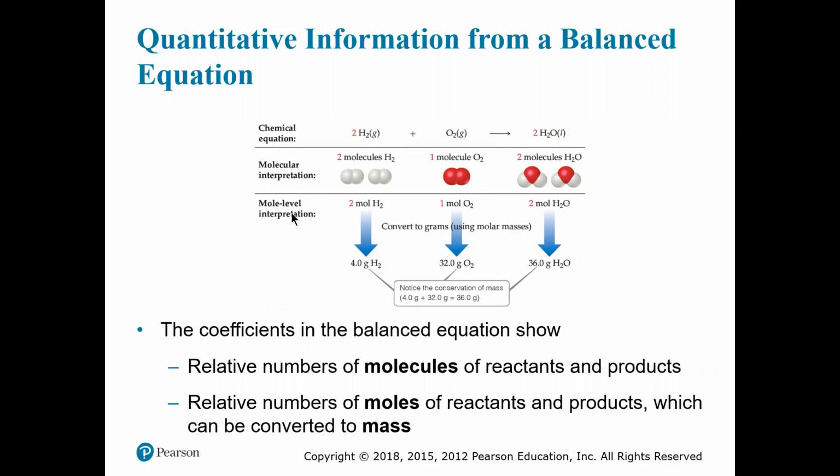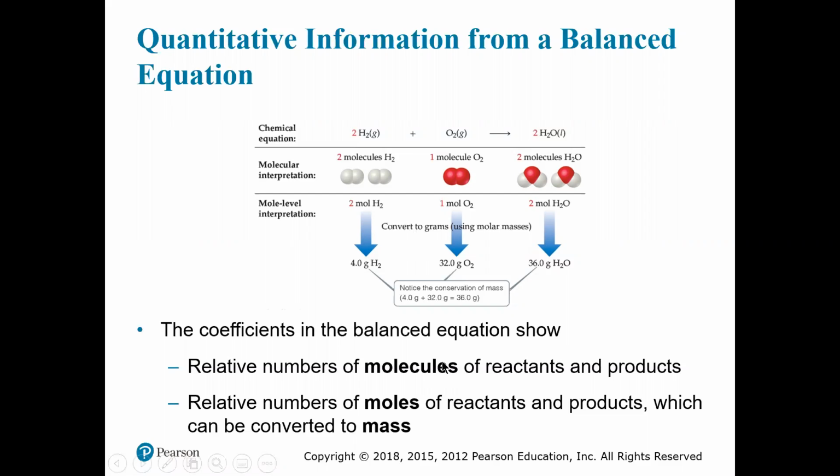That's also a mole level interpretation. So 2 moles of hydrogen gas combine with 1 mole of oxygen gas to give us 2 moles of H2O, water. So within every balanced equation, there is a built-in molar relationship.